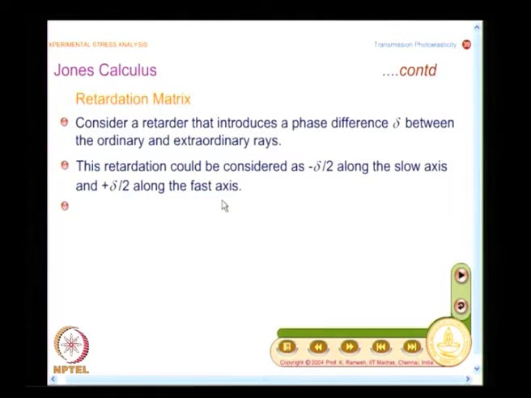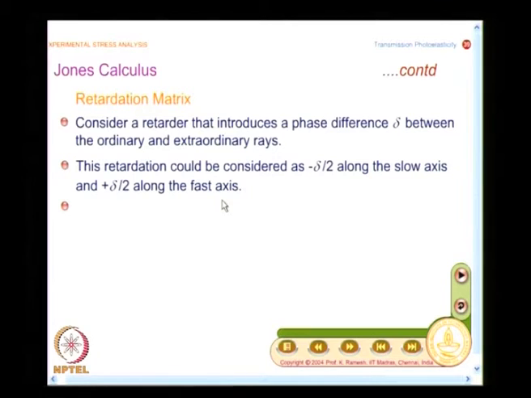So, the idea here is we would like to have a nice matrix representation, and we will follow some convention to facilitate how we analyze different optical arrangements. If we develop some equations to start with, the same set of equations could be used if we follow the same convention. So, that is the idea behind it, and we would like to have the slow axis oriented at angle theta.